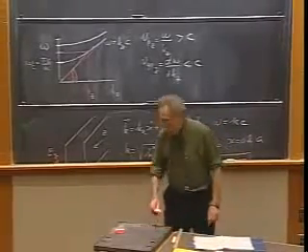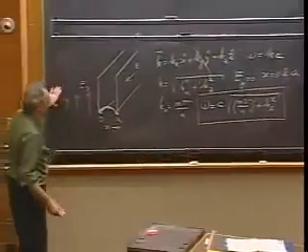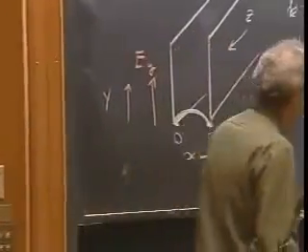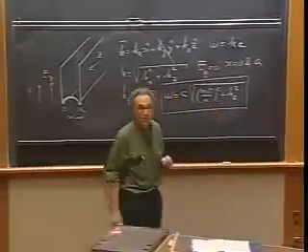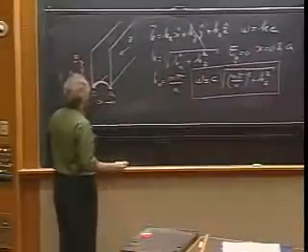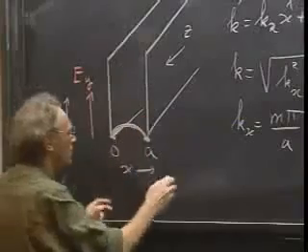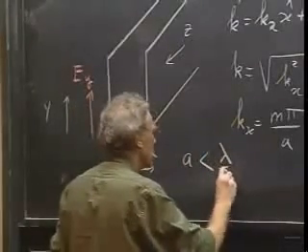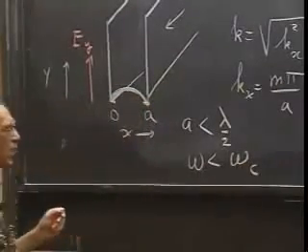Now, the most interesting thing for me is, and I stressed that when we discussed this, and I even demonstrated that, we did this with radar, remember, with the 10 gigahertz transmitter, the 3 centimeter waves. The most interesting thing is that if you reach omega equals omega c, and you can do that by, we had a 10 gigahertz transmitter, and we made A smaller and smaller, and when A became less than lambda over 2, that means omega became less than omega c, then no radiation will propagate through anymore.